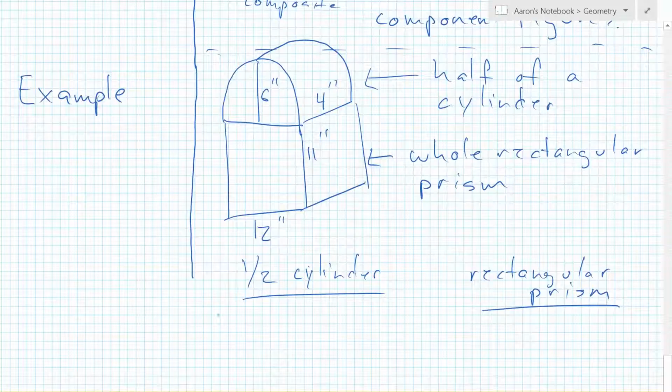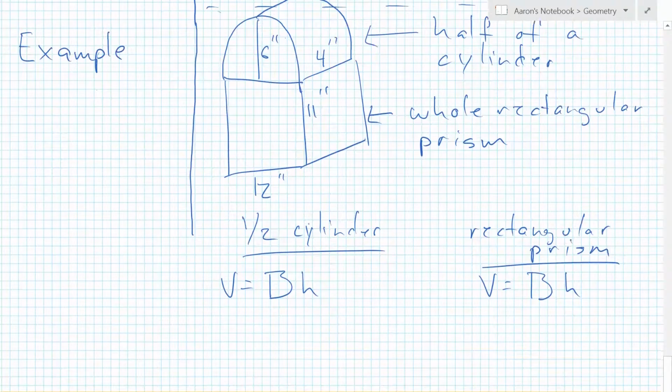So we know that in both cases, volume equals area of the base times height. So let's deal with the half cylinder first. So with cylinders, we said that volume equals pi r squared h. So our radius is 6.